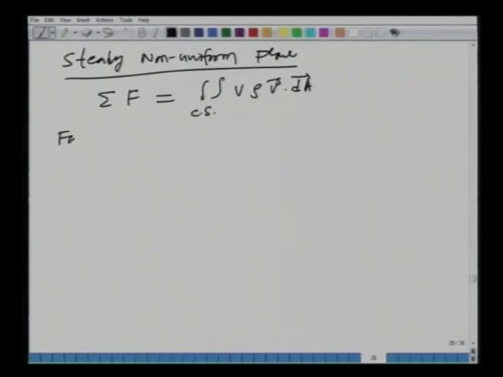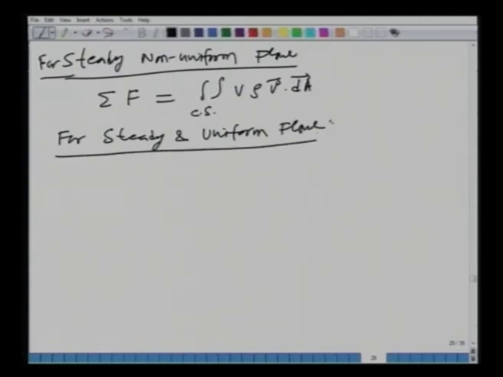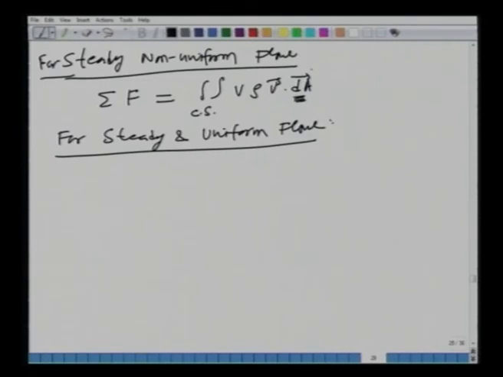How about for steady and uniform flow? When the flow is uniform, what does it mean? It means that the velocity and other hydraulic parameters are not changing with respect to space. Okay. So, if the things are not changing with respect to space, and in this term we are taking the integral with respect to the area, all right.